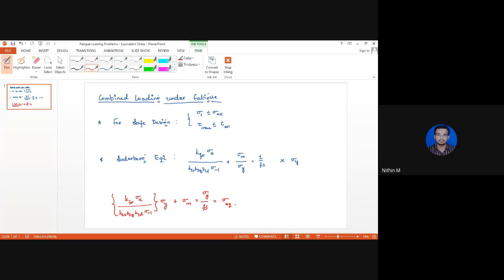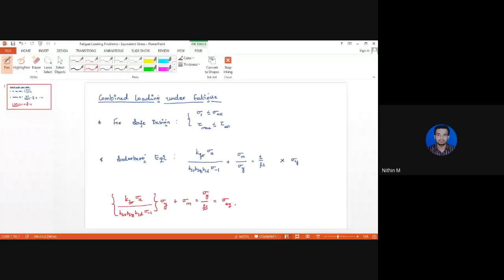Suppose if the component is subjected to a combination of axial and bending loading, then it will be subjected to axial stress as well as bending stress. Suppose if it is subjected to a combination of bending and torsion, then the component would be subjected to shear stress as well as bending stress. Now, this is what it means.